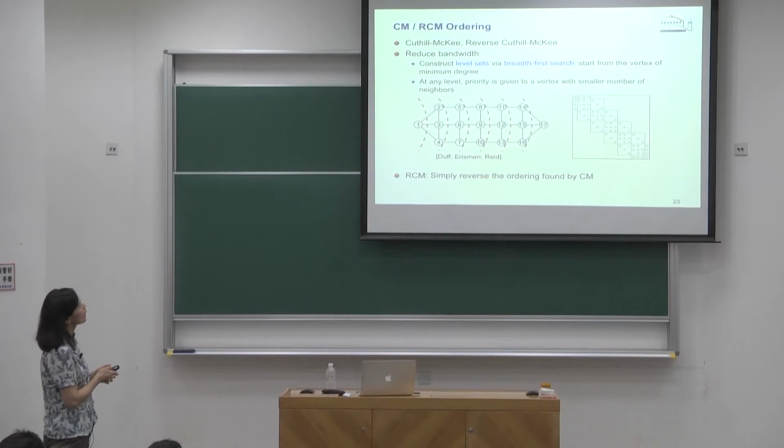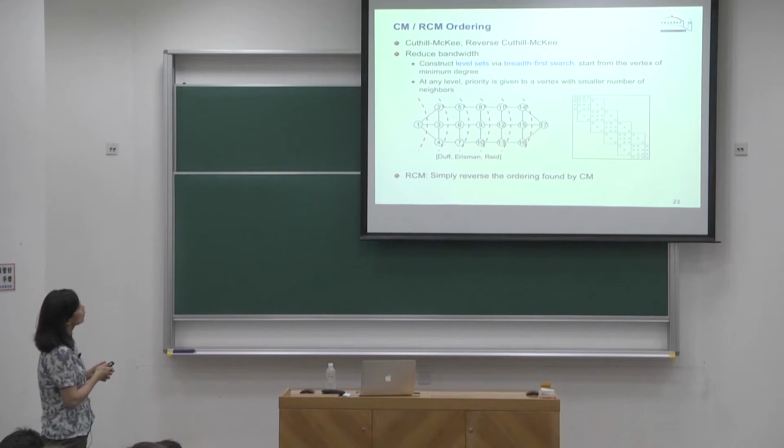Within the band there are still zeros, but for this particular picture, since each level has only 3 vertices, you can put the matrix in a block tridiagonal form, okay?